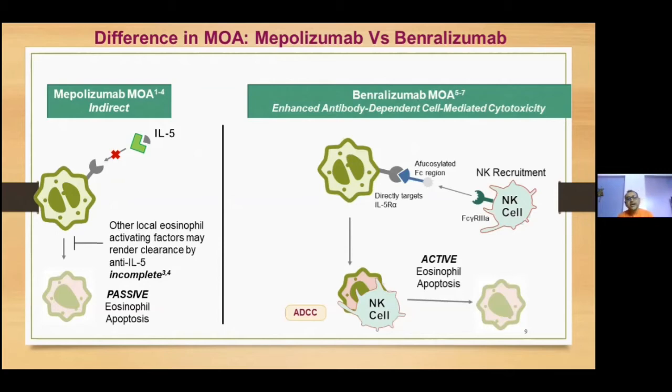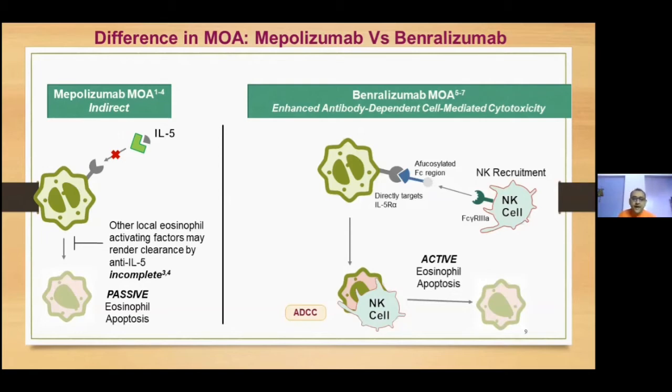Reslizumab is also an anti-IL-5, which ultimately results in passive eosinophil apoptosis and reduction. There will be passive eosinophil apoptosis that results from IL-5 ligand inhibition, likely to be slower than that achieved by benralizumab. That mechanism we will discuss, because the benralizumab mediated reaction stimulates antibody dependent cell mediated cytotoxicity.